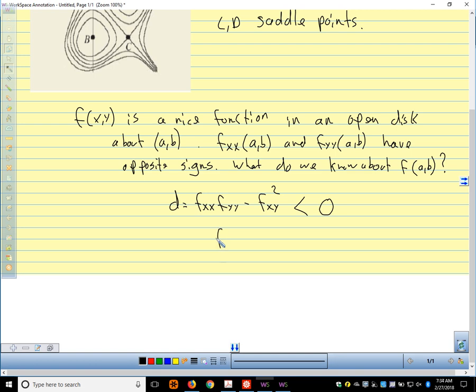So we get f of (a, b) is a saddle point. And this is telling us that the slope is increasing in one direction and decreasing in another direction. So that's what happens at a saddle point. All right, we're good there.